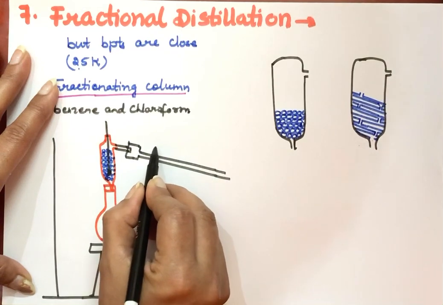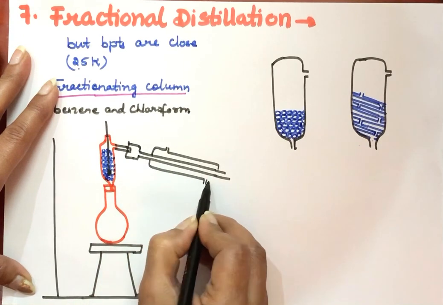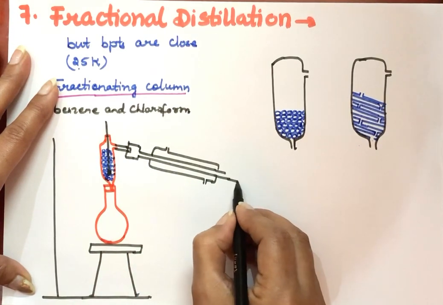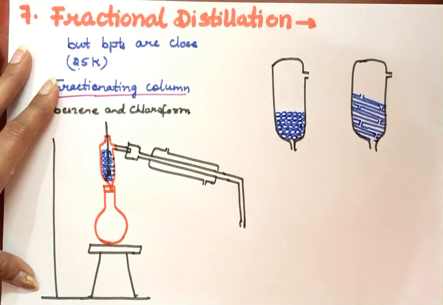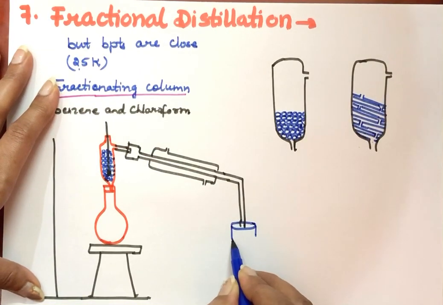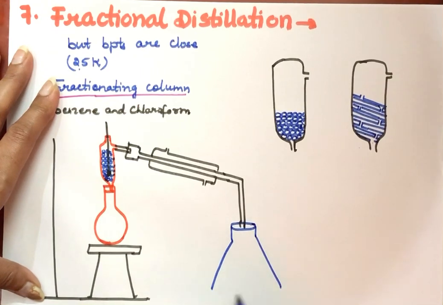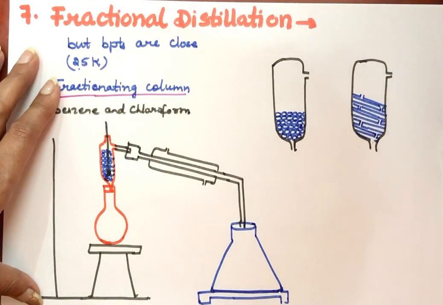Around this we have a jacket in which the water flows. From one side the cold water enters and from the other side the hot water comes out. The other end of this condenser is dipped in a flask in which we collect the liquid that has a low boiling point first. Then we have to heat this flask using a burner.